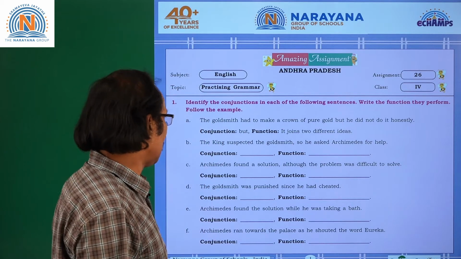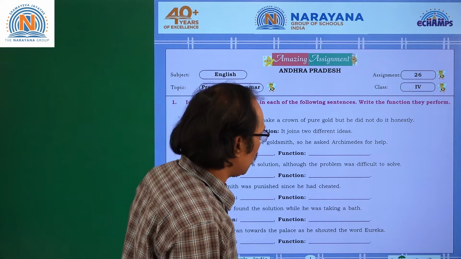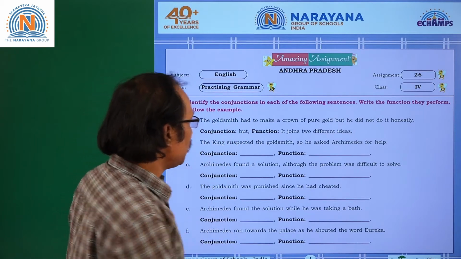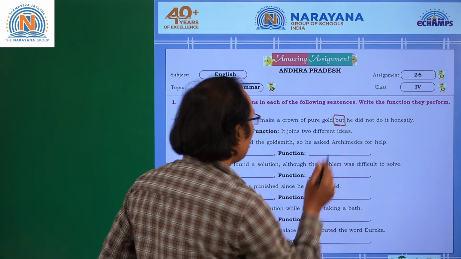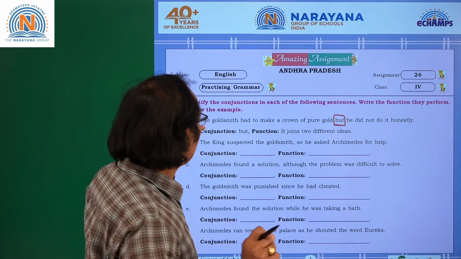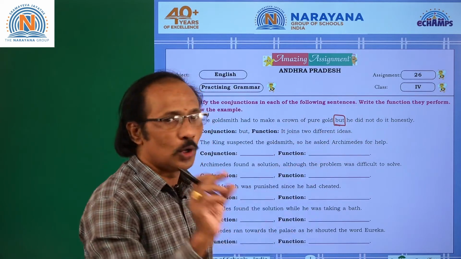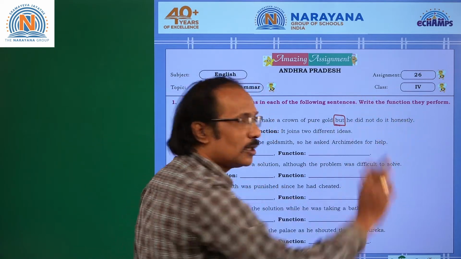Follow the example. 1. The goldsmith had to make a crown of pure gold, but he did not do it honestly. Conjunction used here is but. Here, this is combining these two sentences. The goldsmith had to make a crown of pure gold. Full stop. Second sentence is he did not do it honestly.